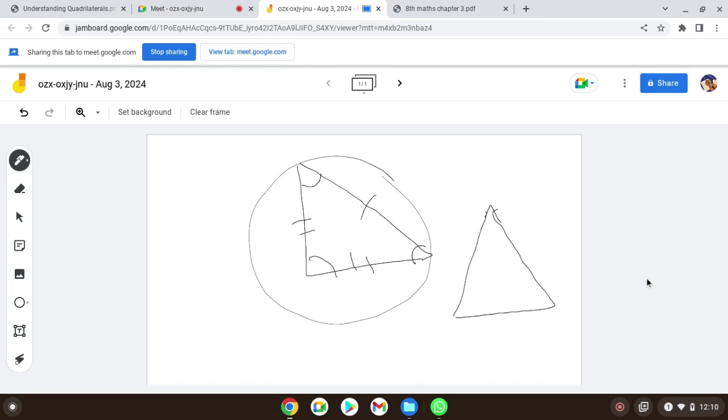And in any equilateral triangle, the equality of the sides ensures that the three angles are also equal. A triangle with the same sides but different angles does not exist.